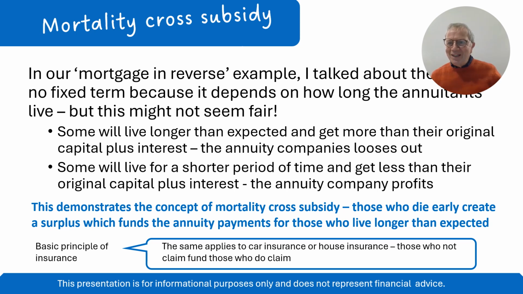I've just reversed my car into a lamppost, so I might make a claim on my insurance policy. And the claim will be more than the premiums I paid this year. But the insurance company won't be losing out because there will be other people who have got a car policy who won't claim for this year. So the concept of insurance is well established.